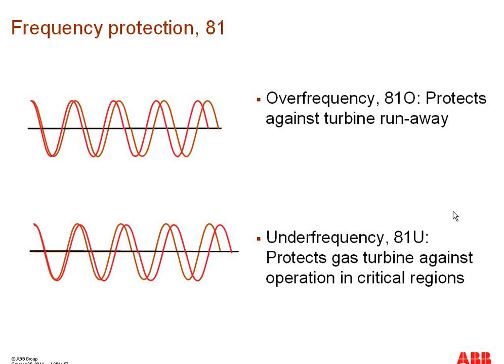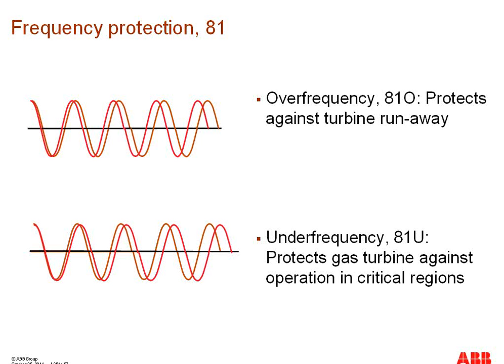The under frequency conditions prevail as a result of lack of generation in the network. The function can be used for load shedding schemes as well as for remedial action.